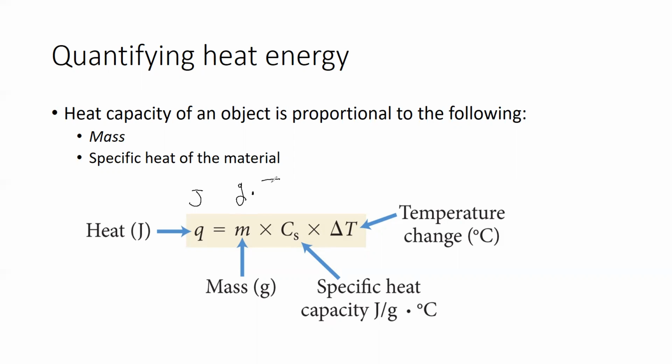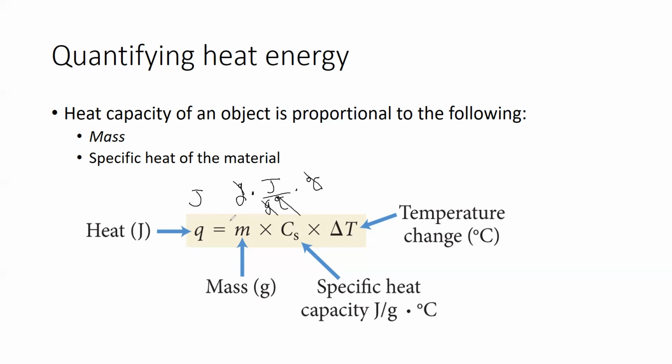So multiplied by joules, divided by grams centigrade, multiplied by change in temperature, which is in centigrade. Grams on the top, grams on the bottom, they cancel out. Centigrade at the top, centigrade on the bottom, that cancels out. We have joules on both sides of the equation. So that's how we know our math works out.